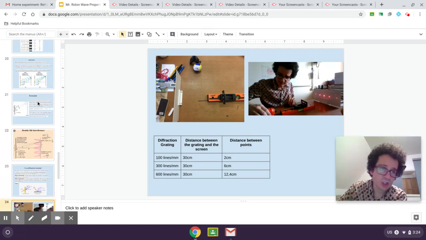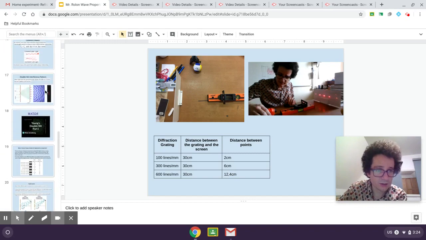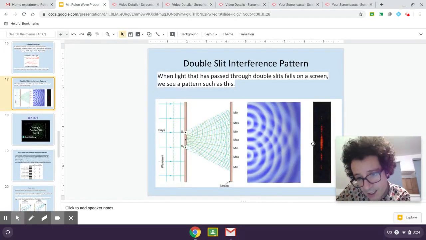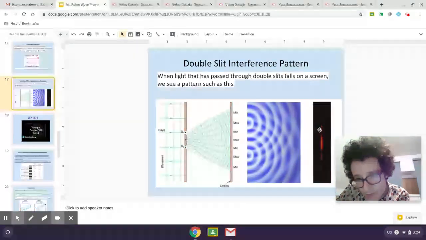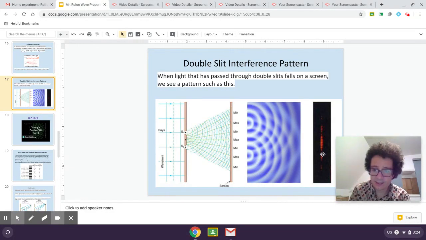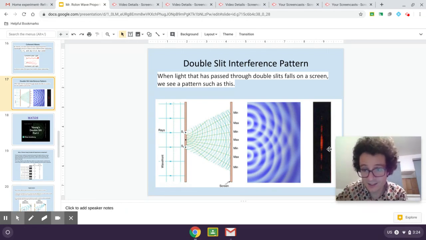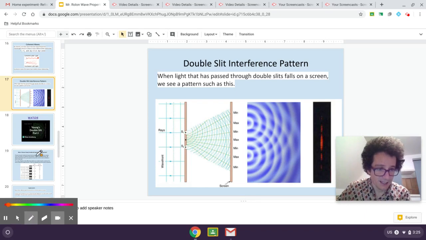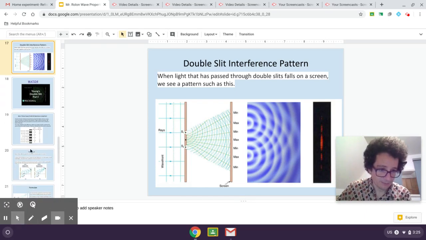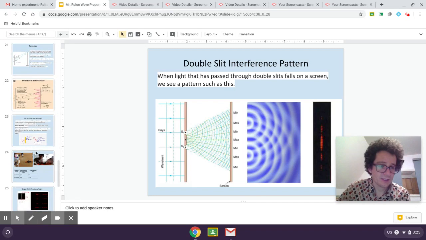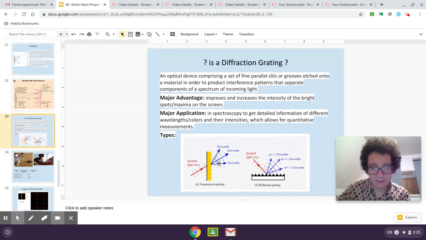If we use just two slits like Thomas Young, we have this, which is not too clear where a point ends and where another one starts. That's why we're using that, and that's the only difference.